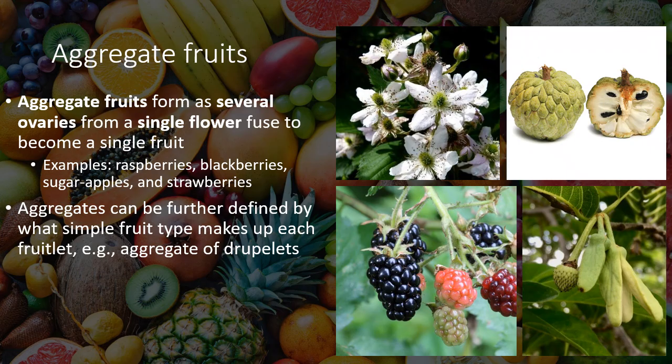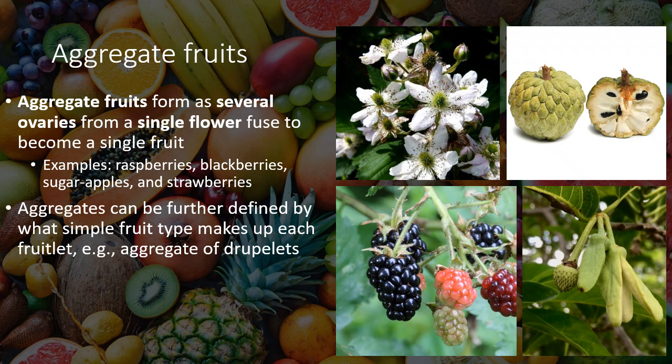And often when you go blackberry picking or raspberry picking, you'll see that there's a little hair on the end of each kind of globule of that fruit. And each of those little hairs is a dried up style and stigma from back when that ovary was part of a pistil in a flower.